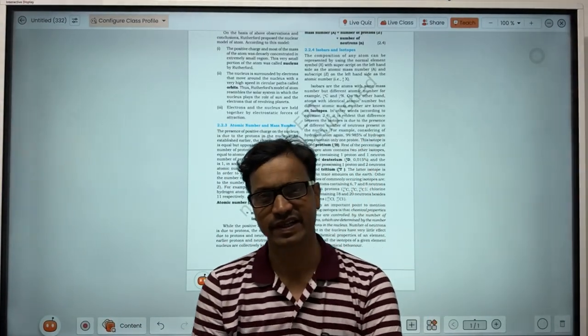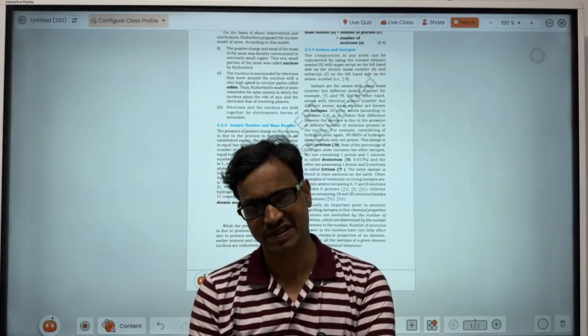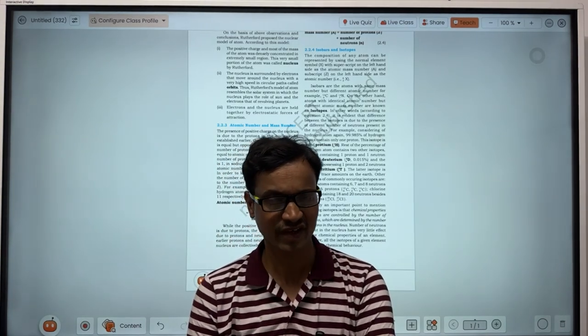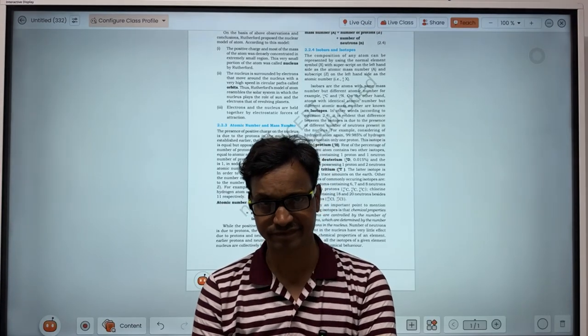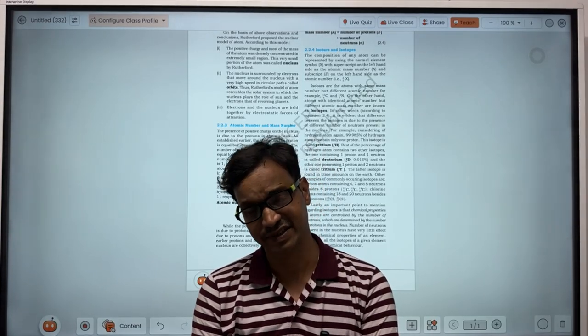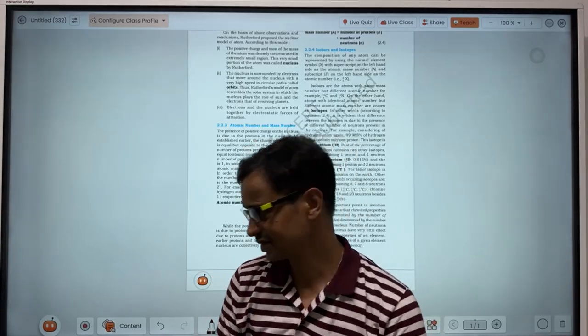Isobar is the element having the same mass number but different atomic number. As for example, carbon-14, which is radioactive, and nitrogen-14. They are isobars.